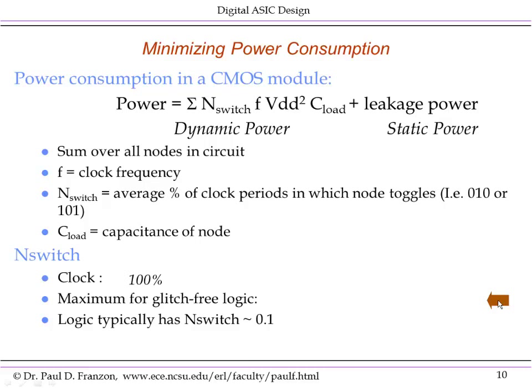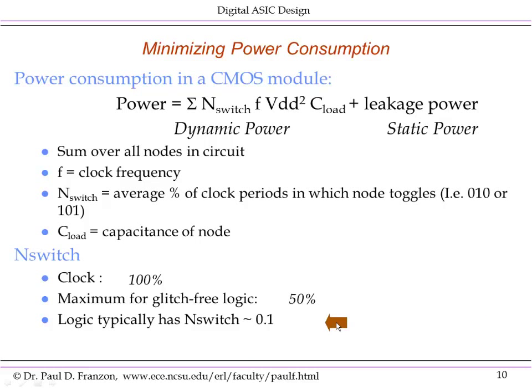For the clock, N switch by definition is 100%. Every clock cycle you do a complete transition. For glitch-free logic, what is the maximum N switch can be? Remember, by glitch free I mean that during the clock period it doesn't go through intermediate transitions. Well, the maximum is 50%, because in any one clock cycle it can only go from 0 to 1 or 1 to 0 and not do both if it's glitch free.